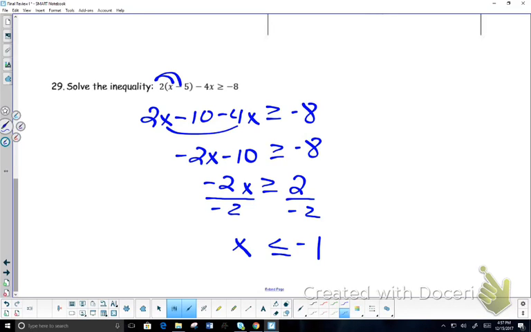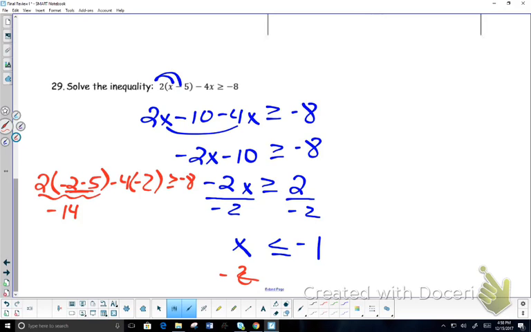You can always check this by plugging in, for example, a number that is less than negative 1. Well, how about negative 2? So let's see, negative 2 minus 5 minus 4, negative 2. This is going to be negative 7, so this right here will give me negative 14.